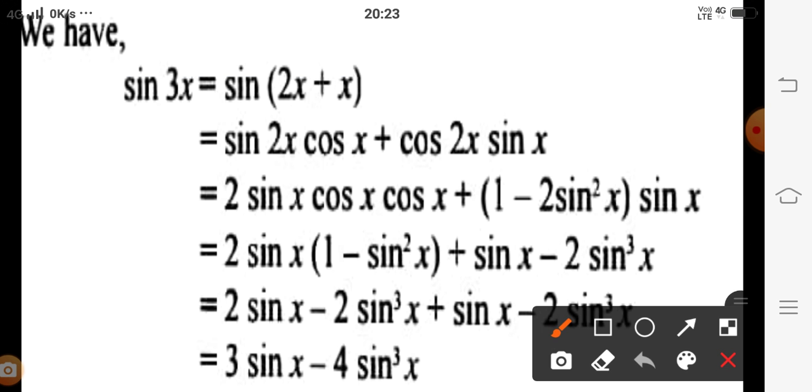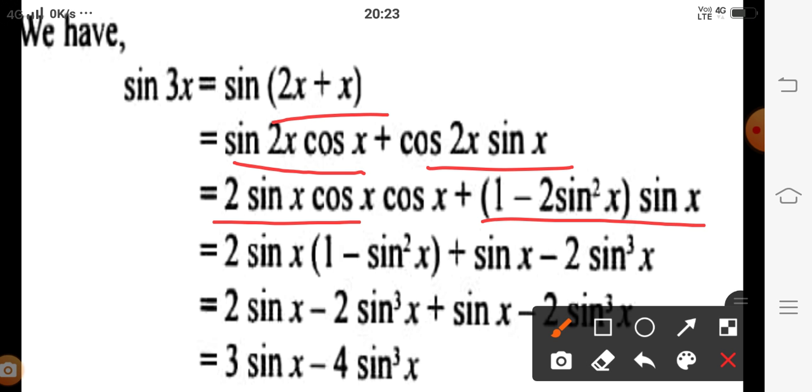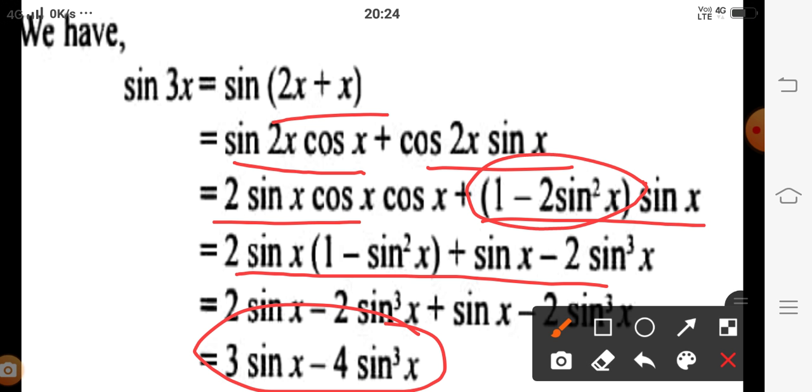Again we are using the same concept, the sin (a plus b) concept, and on putting all these values and solving, because sin 2x we know is 2 into sin x cos x, and cos 2x we are writing in terms of sin, on solving these we are getting 3 sin x minus 4 sin cube x.